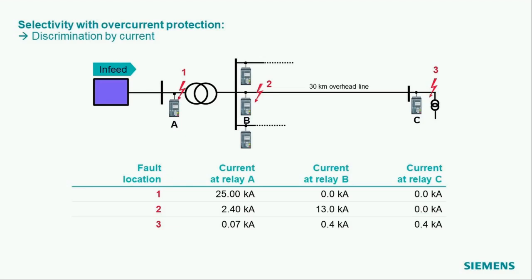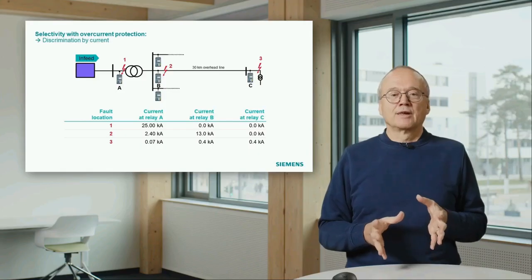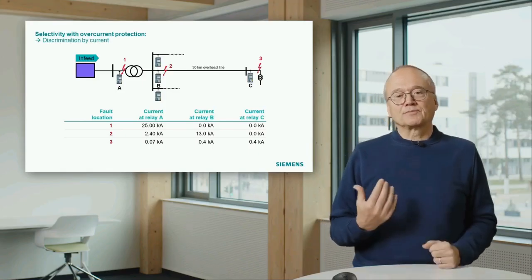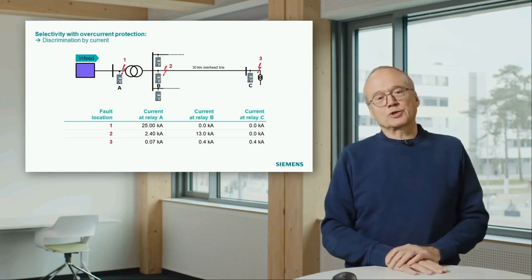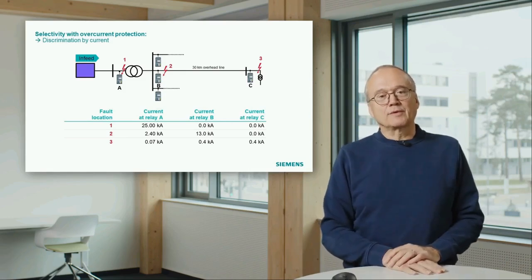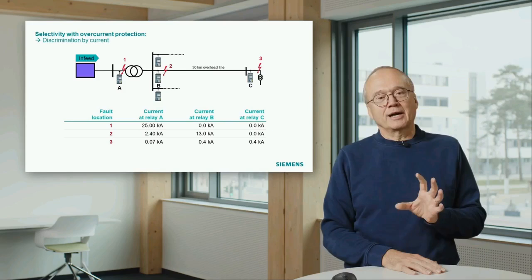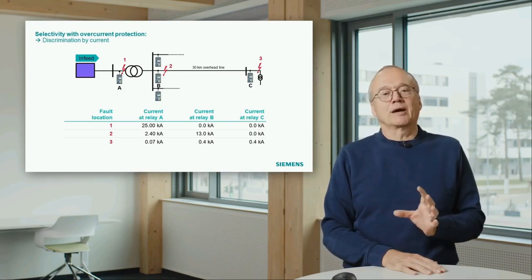And that means in this case, for instance, relay at location A can take information from the current. It knows if I have a short circuit at location 2, the maximum current I will see is 13 kiloamp.